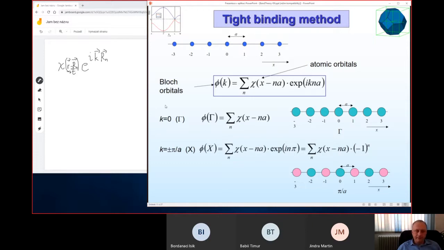And okay, we already know that the k vector must run from minus pi over a to plus pi over a, which is the Brillouin zone in 1 dimension.